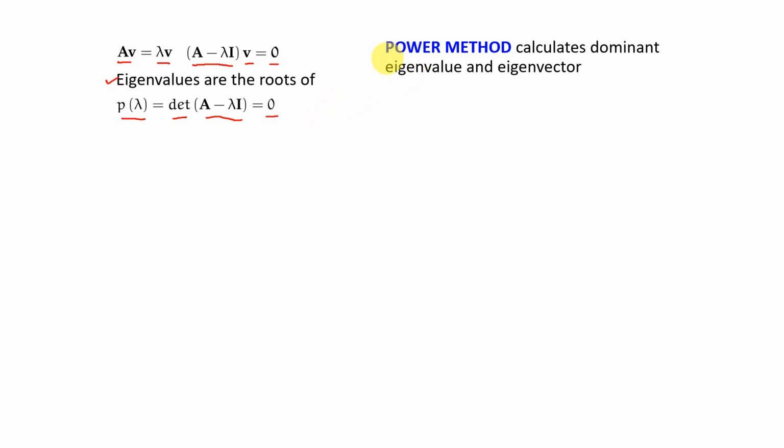And we have learned that using simple techniques, we can use the power method to calculate the dominant eigenvalue and the corresponding eigenvector of the matrix A. Now we are ready to see the inverse power method.